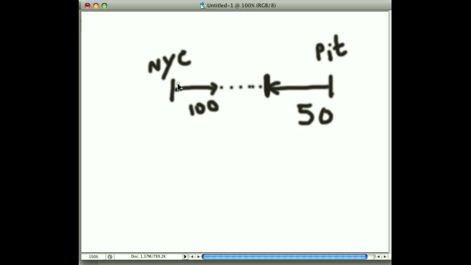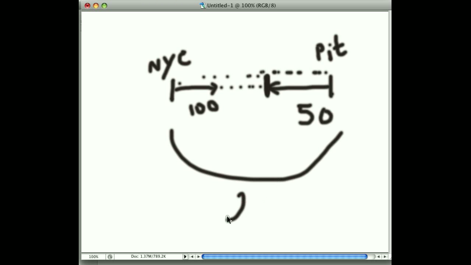This has to pass certain distance, and this has to pass certain distance. We don't know how much distance each one is passing, but we know that the two distances together give us the whole distance between the two cities, which is 200 miles. So that's what it means when they pass each other. When they pass each other, they both together passed 200 miles.